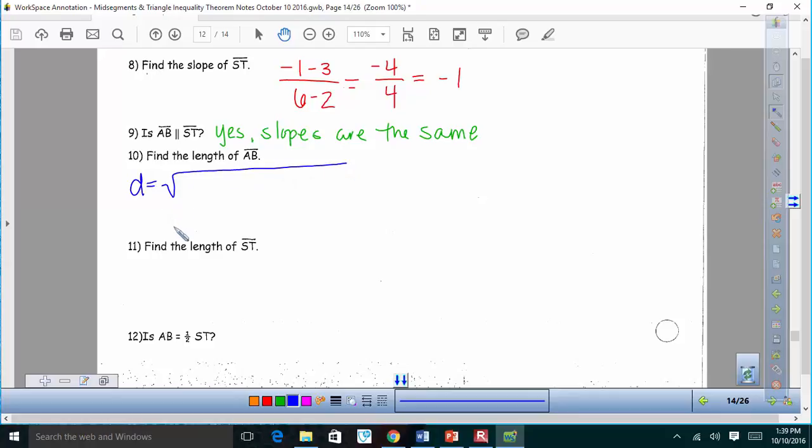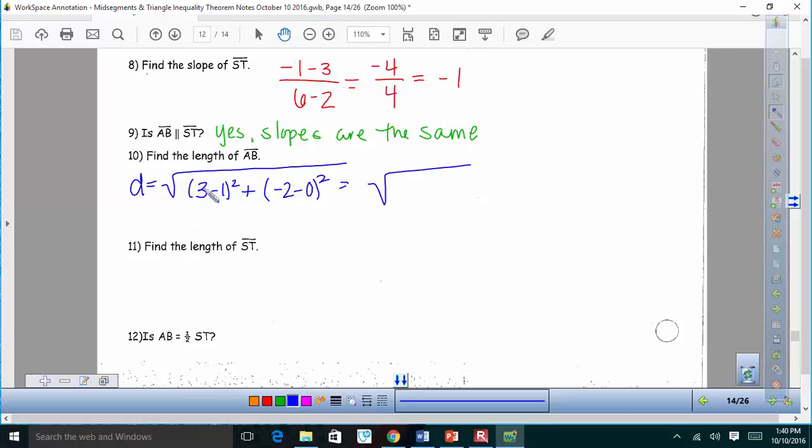So again, I cannot see points A and B, so can someone set up that distance formula for me? 3 minus 1 squared plus negative 2 minus 0 squared.